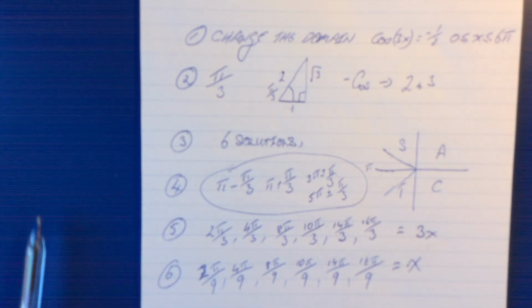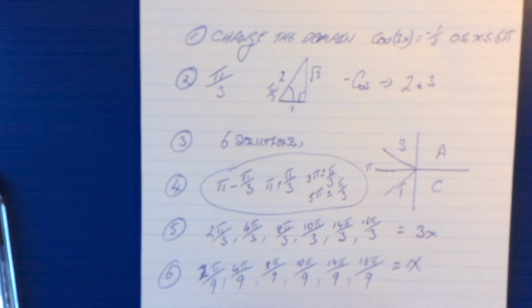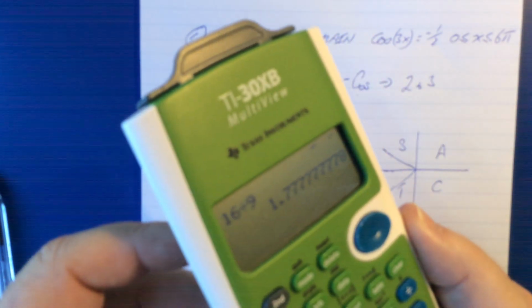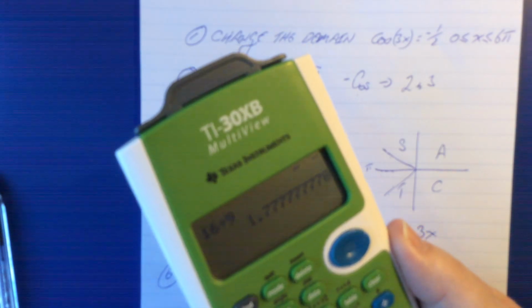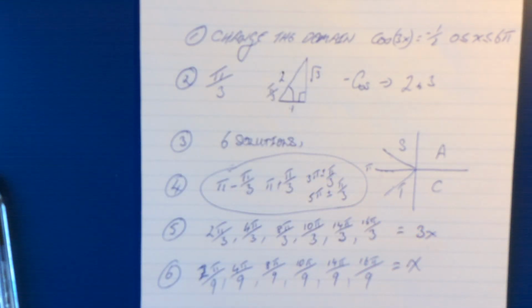And I have one more thing to show you. If I take that last measurement, which is 16 pi on 9, and I divide 16 by 9, this is what I get. I hope you can see that. It's 1.78 effectively. That is within our original domain.